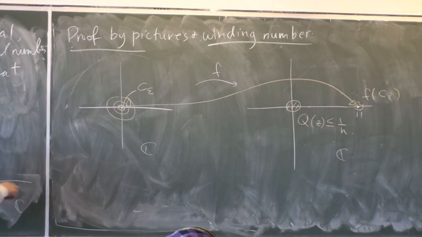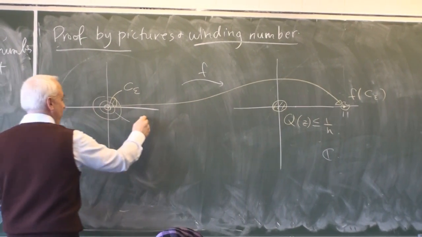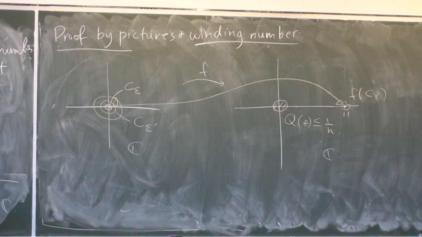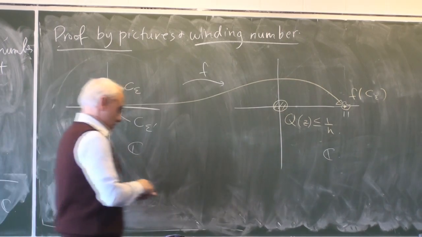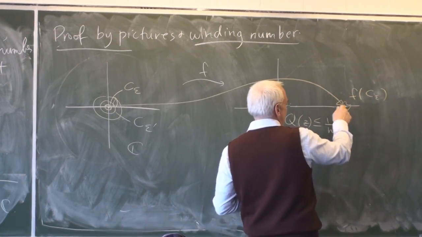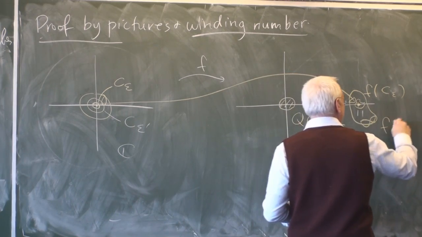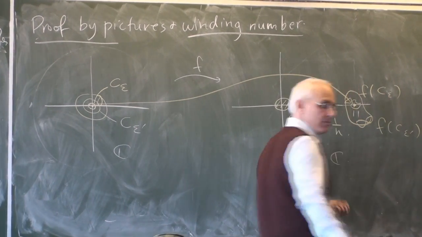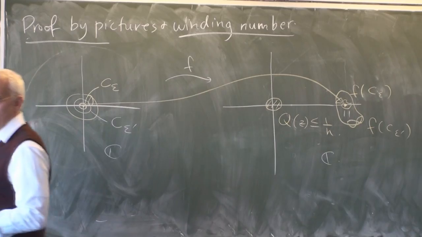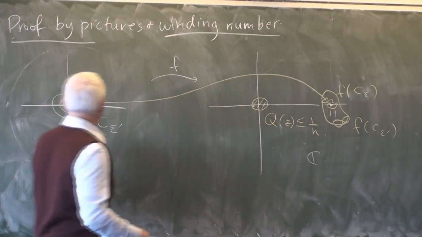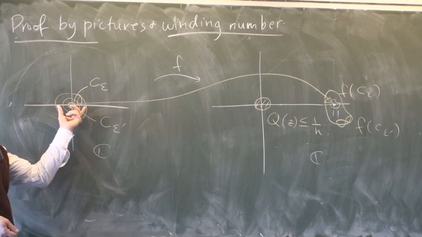And now I'm going to look at the next larger. I'm going to increase my circle. So I'm going to look at C epsilon prime, a slightly bigger circle. That's going to be some slightly different curve. You can even wind around, I don't really care. So there's f of C epsilon prime. And we're going to watch the images of these things as these circles grow.